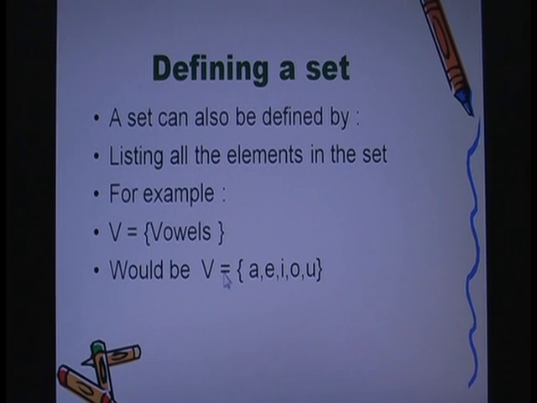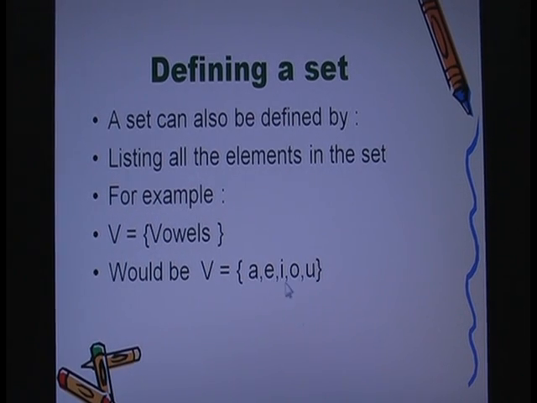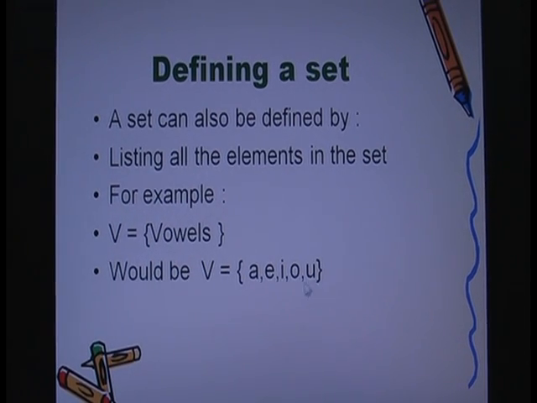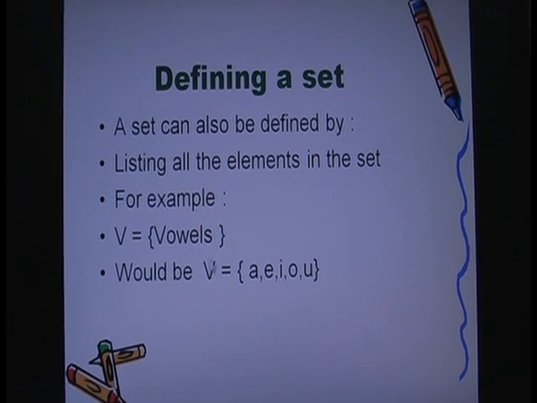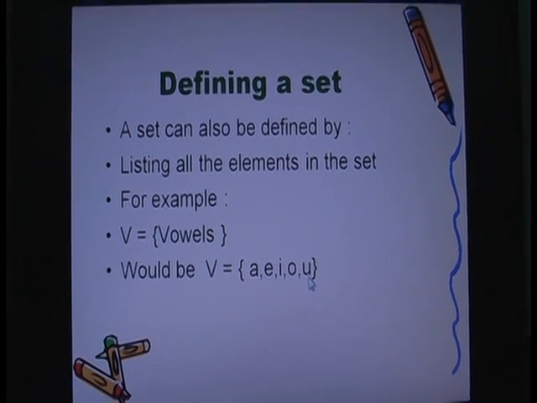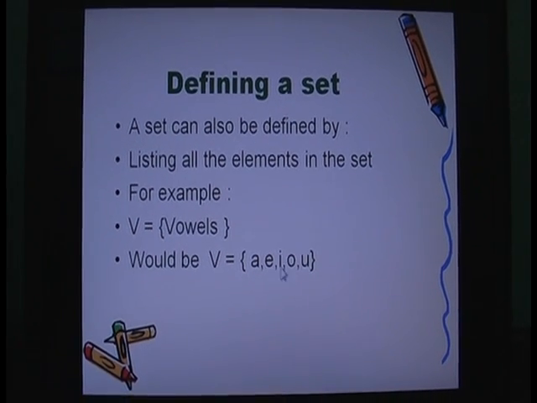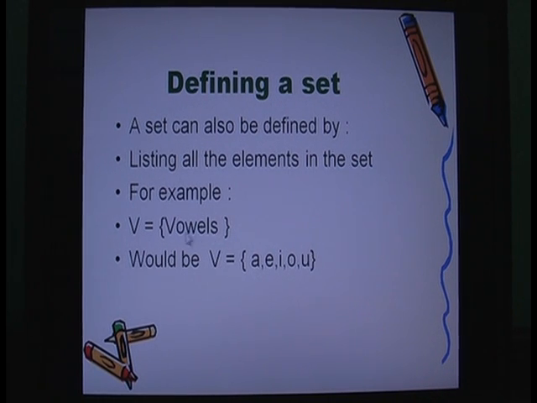Set V is equal to A, E, I, O, U. So note now, we describe the set using a word here, and we can also define the set by listing all the elements of the what? Set. So A, E, I, O, U are elements of the set of vowels. So this is another way of defining a set by listing all the elements of the set.